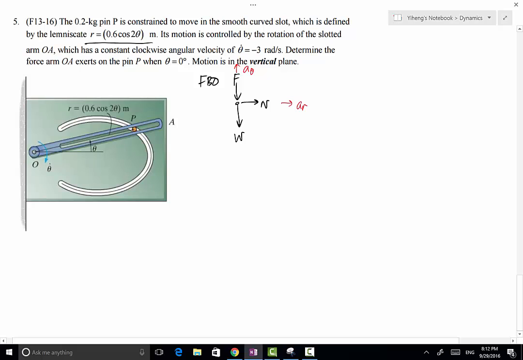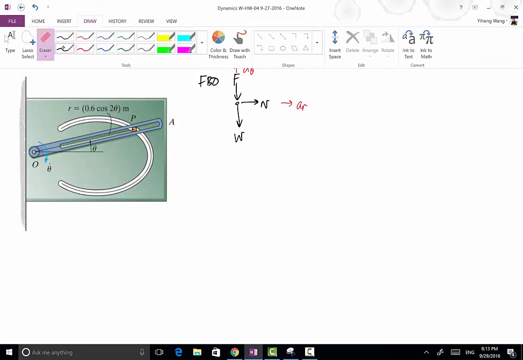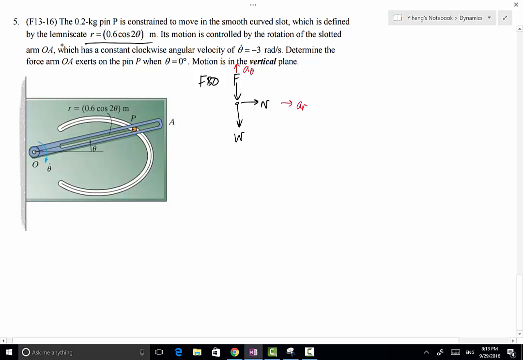So if we can determine a_theta and a_r at this point, then we can use Newton's second law to determine not only force F, but also the normal force N as well. Normal force N is the force exerted by the slot to the pin. So we can use the formula a_r equals r double dot minus r theta dot squared, and a_theta equals r theta double dot plus 2 times r dot theta dot.